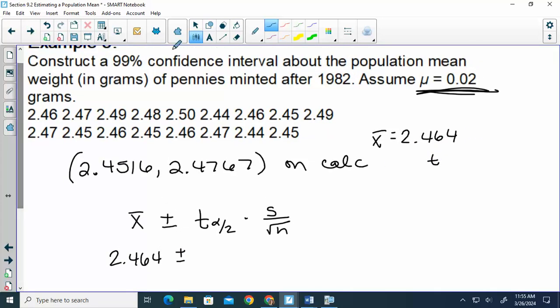If we have 99% in the middle, that only leaves 1% for the ends. We have to divide by 2, so then it's 0.005. How many degrees of freedom do we have? So if you go to your table, 0.005, 16 degrees of freedom, our t is 2.921.